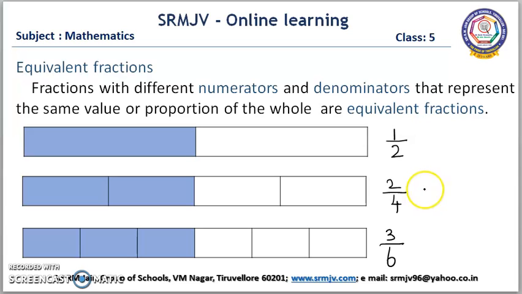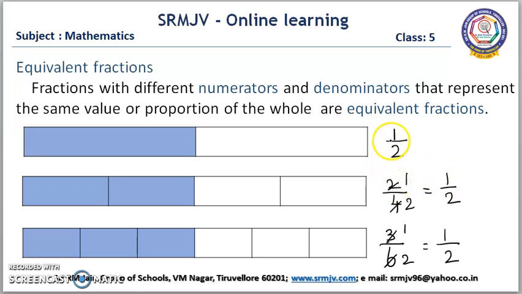Let us check the value of the fractions. Here 2/4, if we reduce it by dividing by the 2 times table, we will get 1/2. So the value of the fraction is 1/2. The third fraction, if we reduce it by the 3 times table, again we will get the same 1/2.